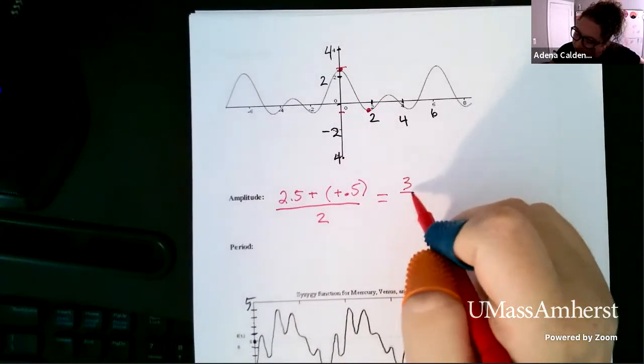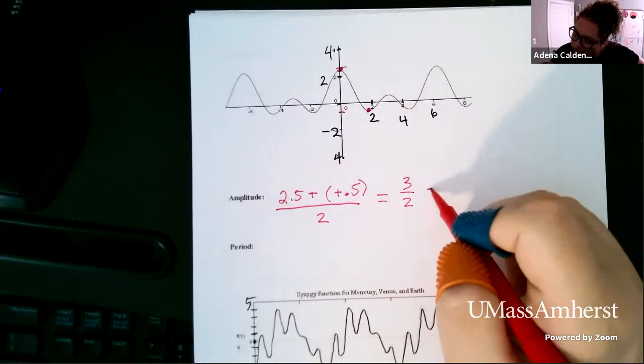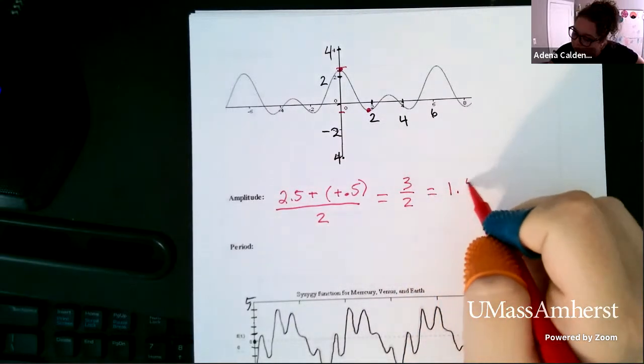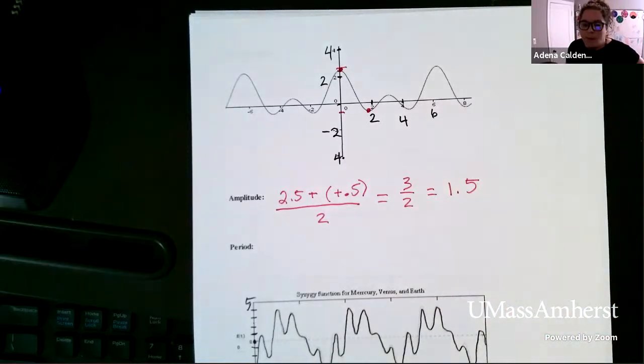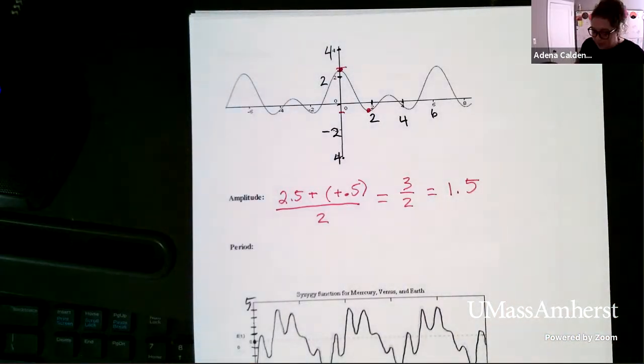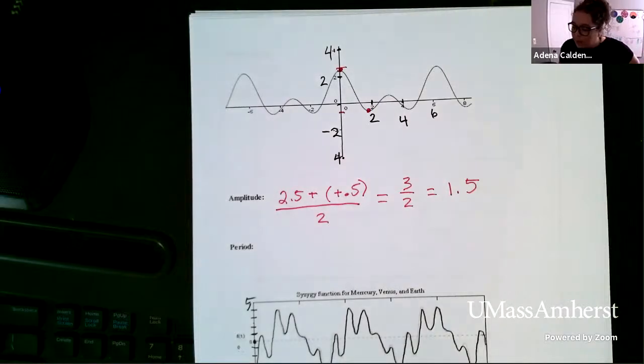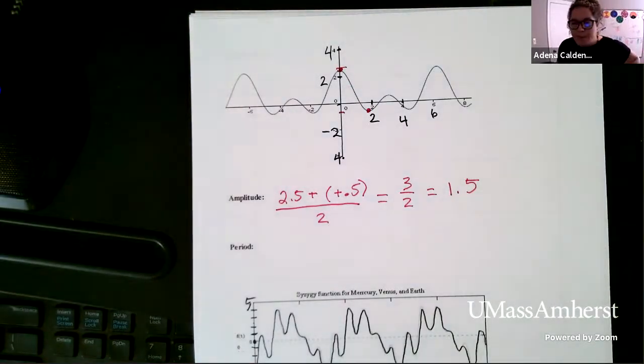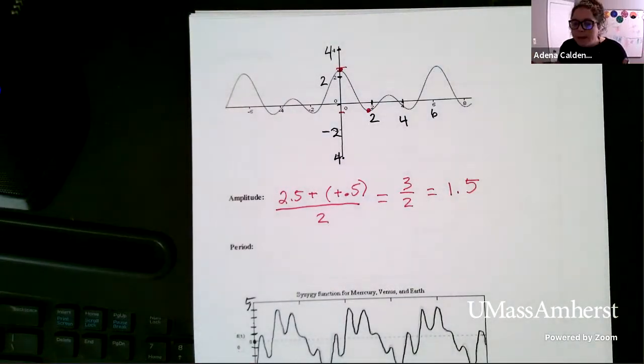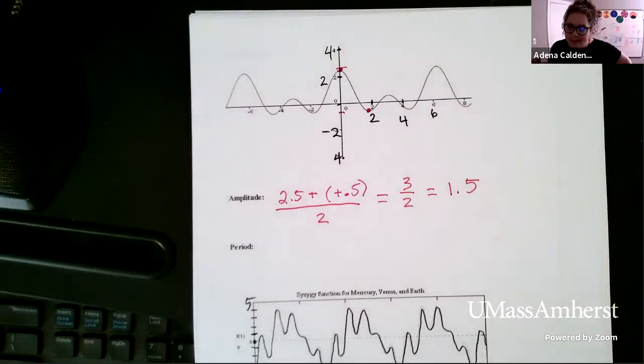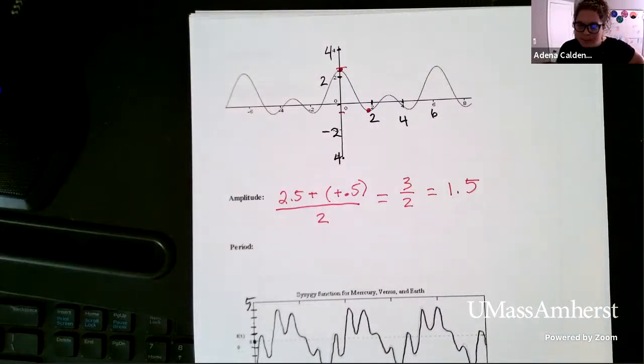So we end up with 3 over 2, which gives me an approximation for amplitude of 1.5. Depending on the numbers you use, it could be anywhere from 1.25 up to 2. As long as you're in that general range, you are good. You shouldn't be getting something like 30, but in the 1 to 2 range is where you should be landing. So that's my amplitude based on my approximation.